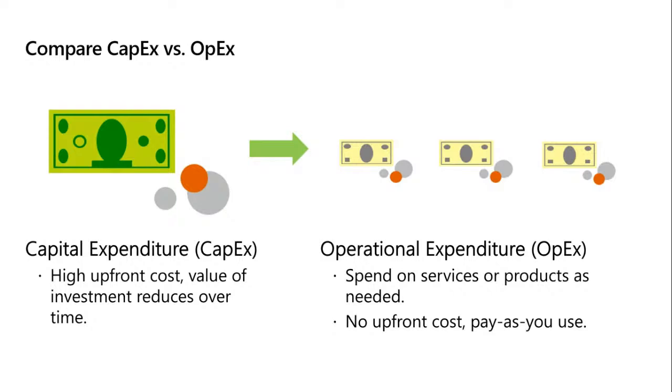But for operational expenditure, we spend on a service or product as we need it, and that is also considered based on how much time you have used it. In operational expenditure we can use options like no upfront cost or pay as you go to make our services and costs efficient.